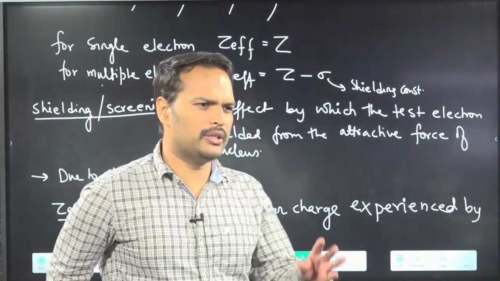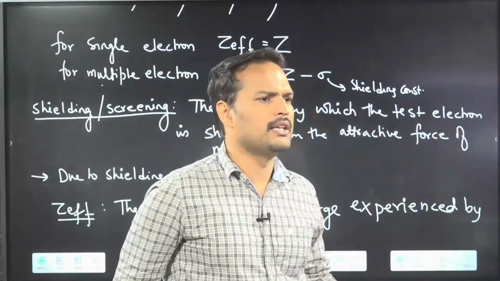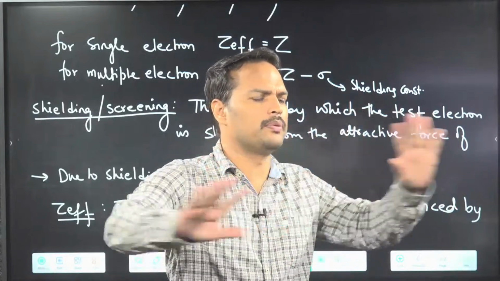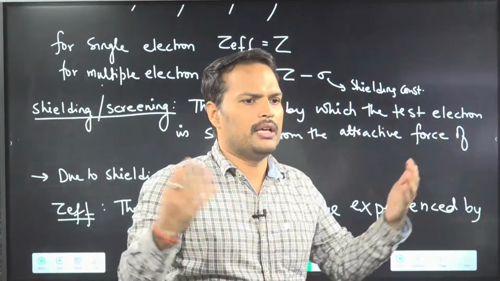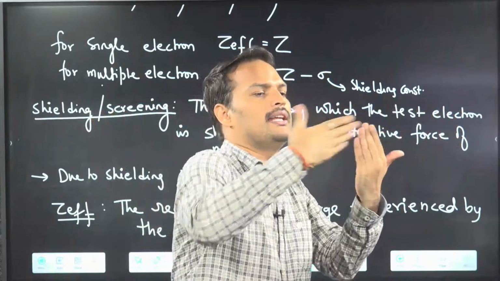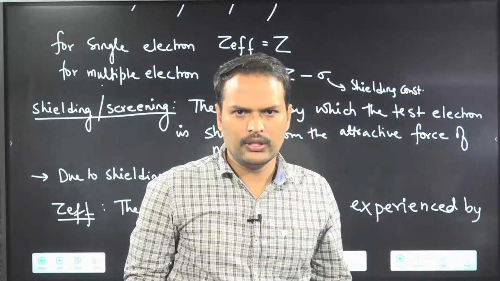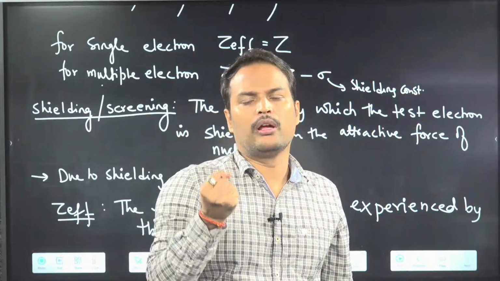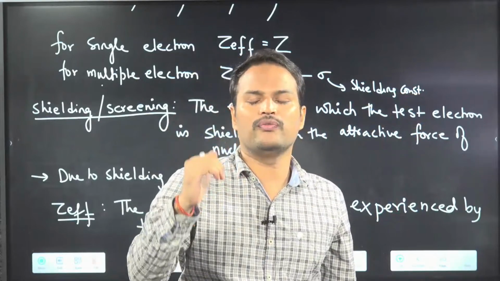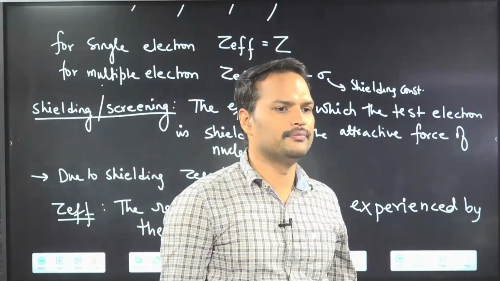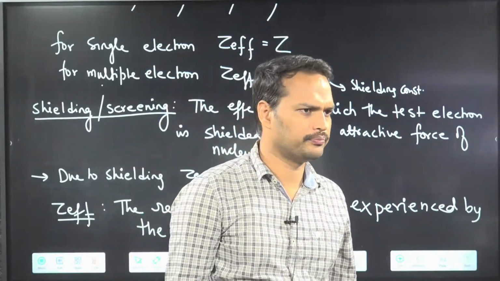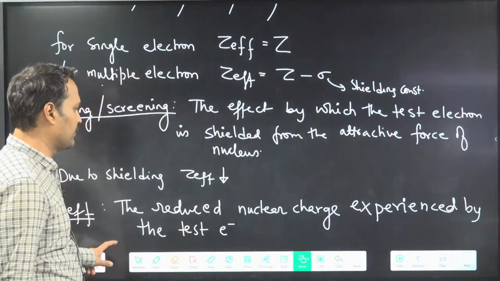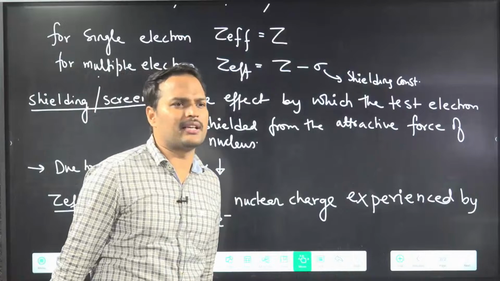So we have seen two things, one is your shielding, second is Z effective. If only one electron is there, no problem, only attraction. If other electrons are there, then electronic repulsion also. Due to electronic repulsion, nuclear pull is decreased, which we call Z effective. Clear with this point? Okay? So this is all. Now you can also guess something.